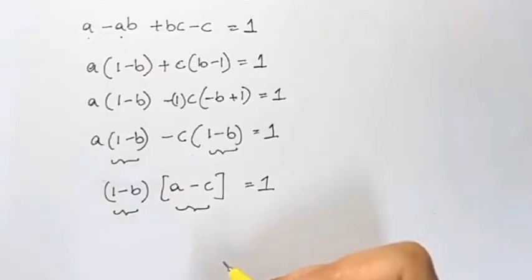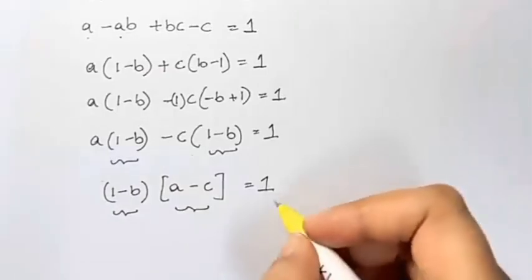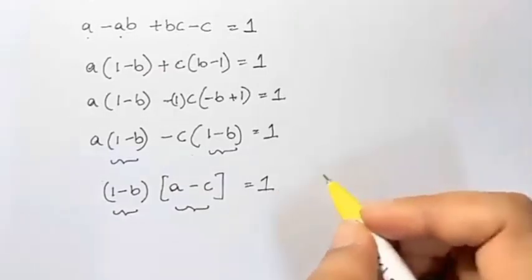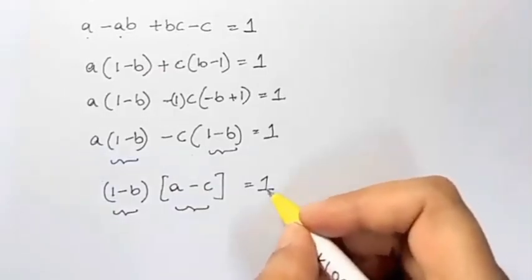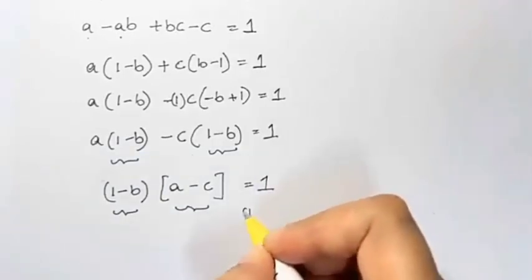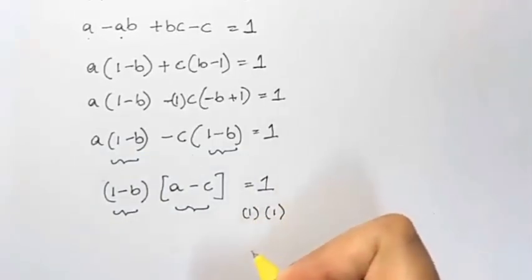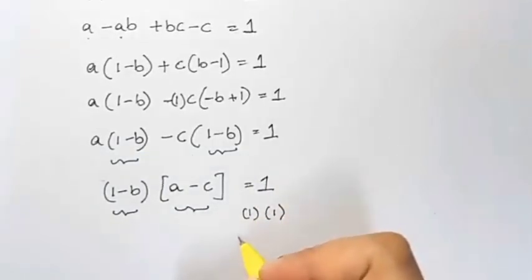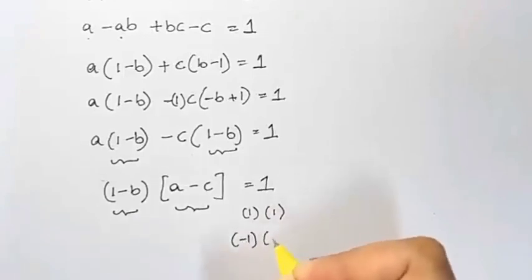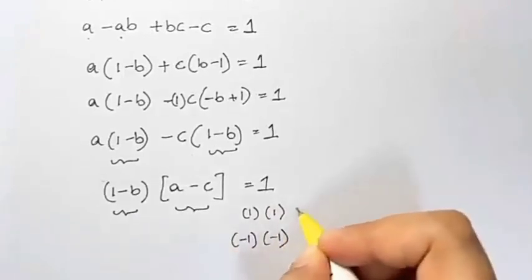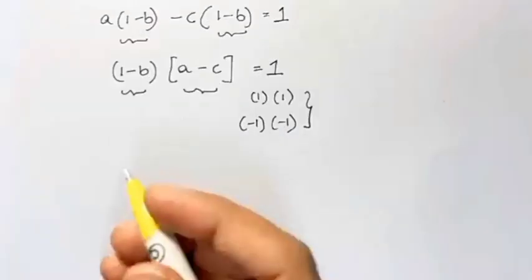Now we need to find the values of A, B and C. So how many solutions can we have? Here there's 1. So 1 is a product of 1 times 1 and it can also be negative 1 times negative 1. So you have two solutions for this. Let's write down.